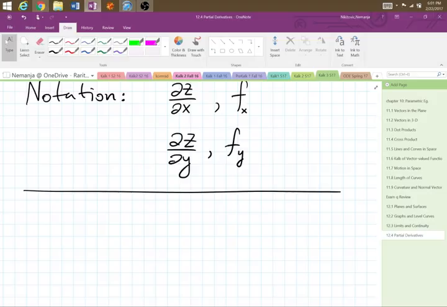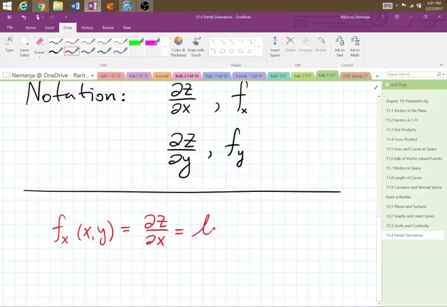So what is the partial derivative with respect to x? Partial derivative of x, also denoted as f sub x of x, y, also denoted as partial z, partial x.